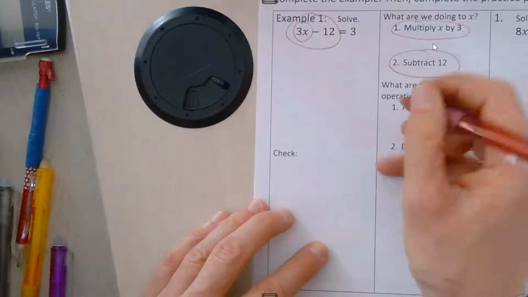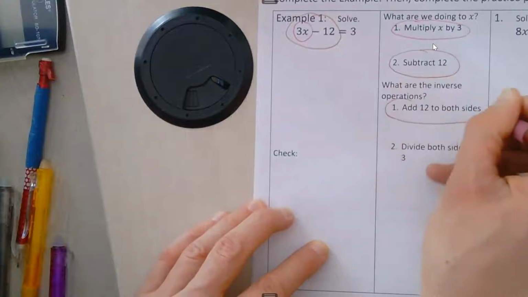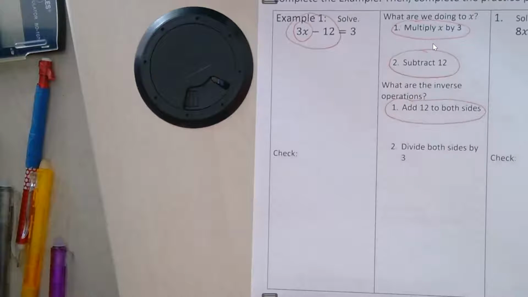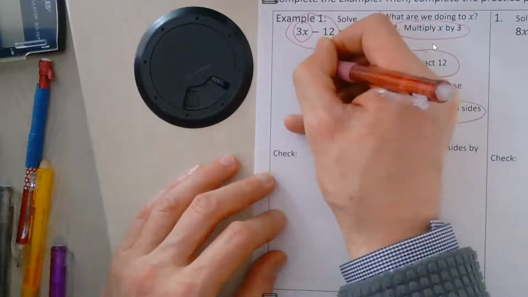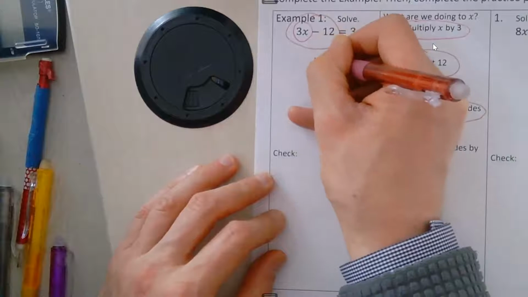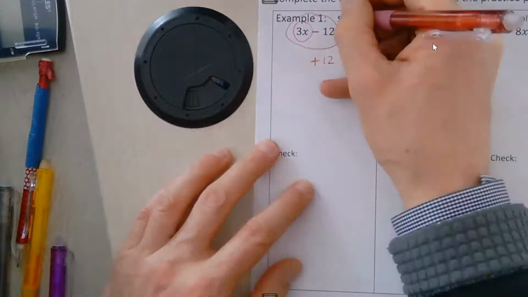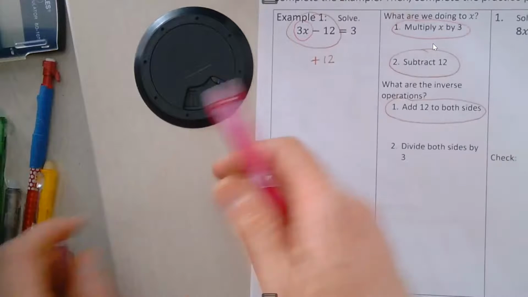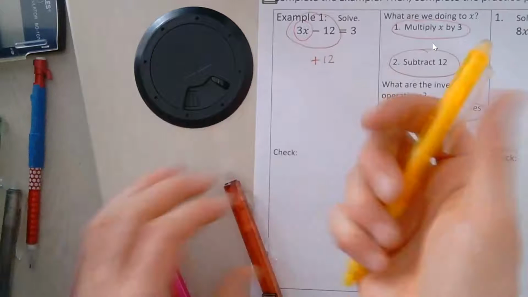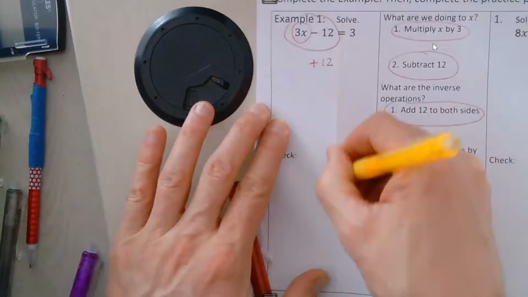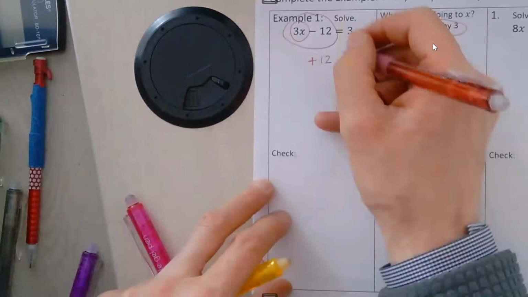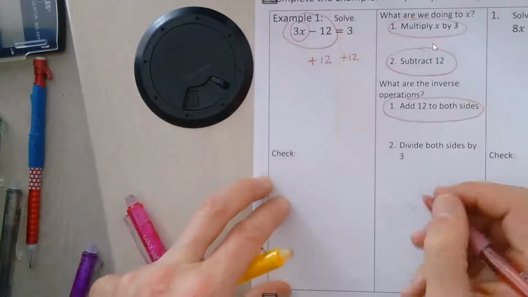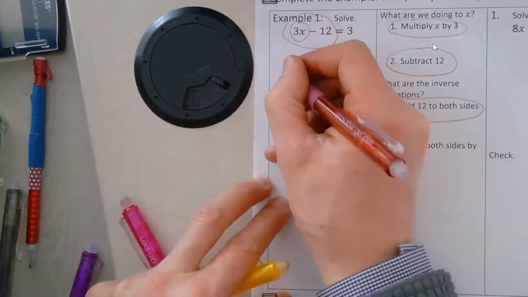The inverse is that we would add 12 to both sides. So that's like this, plus 12 on this side of the equal sign, and plus 12 on the other side of the equal sign so that the equation stays balanced.